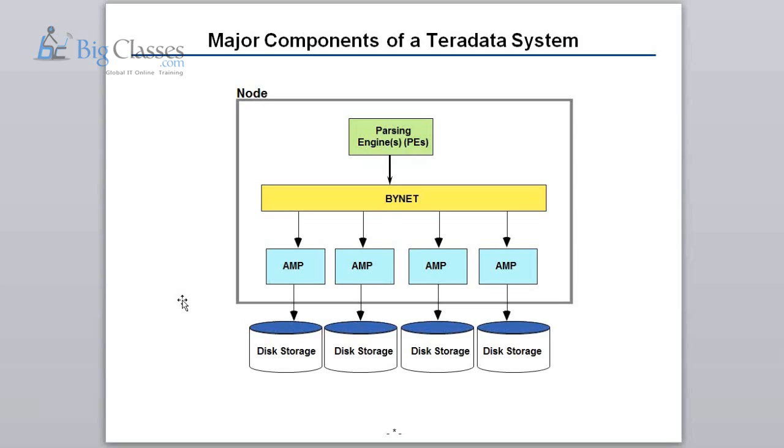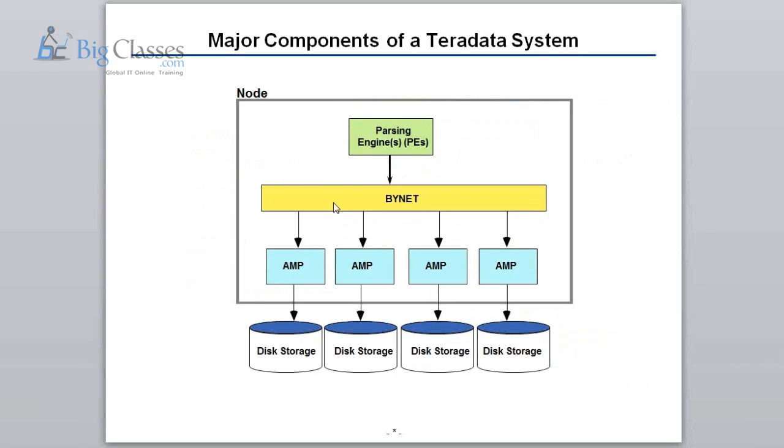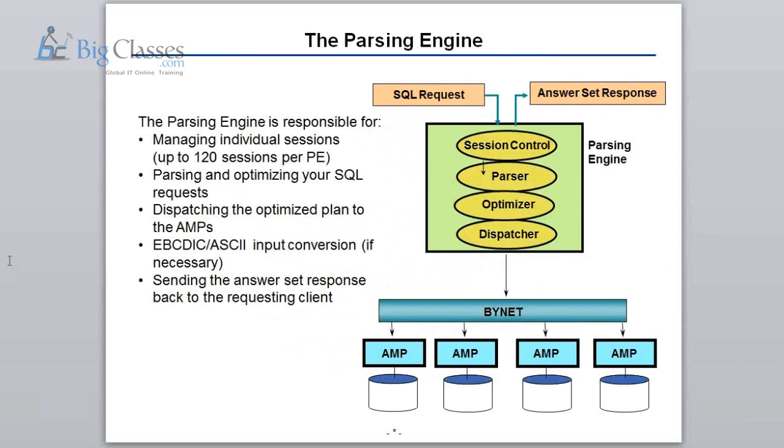Basically, whenever you send a request to the parsing engine, I mean, you write a query in the database, the parsing engine will decide and tell the AMPs how to distribute the data accordingly. After session control, parsing the query, and optimizing the plan, it dispatches the request to the BYNET.